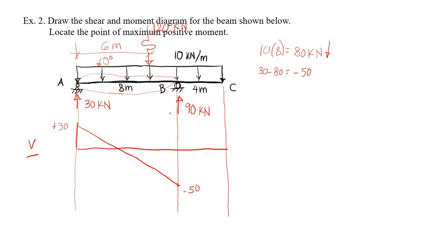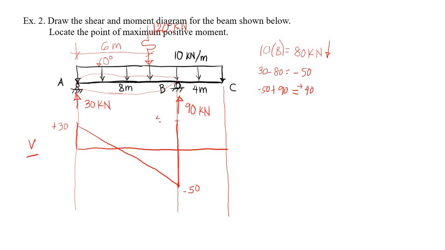Negative 50 plus our reaction at B, which is 90, is positive 40.